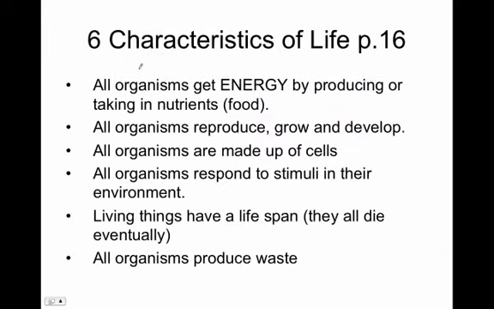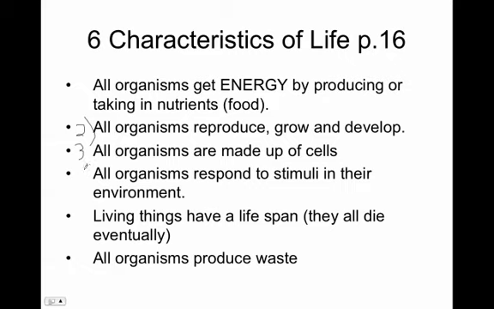So there are 6 characteristics that biologists use to define life. Number 1, all organisms get energy by producing or taking in nutrients. The second characteristic of living things is that all organisms reproduce, grow, and develop. Third, all organisms are made of a cell or groups of cells.